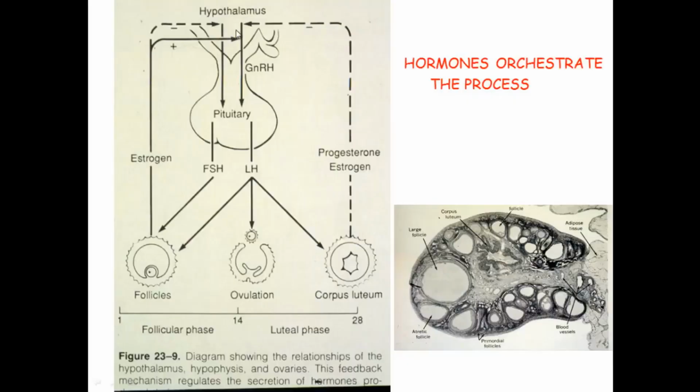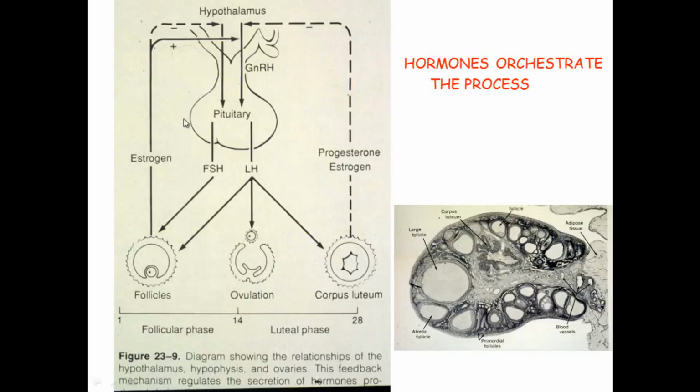So from the pituitary, you get LH, which causes a follicle to develop, and then ultimately the LH surge causes ovulation to occur at about day 14. So this is the follicular phase and the luteal phase. So the luteinizing hormone changes the granulosa cells to granulosa lutein cells, and that produces progesterone and estrogen, and that feeds back on the hypothalamus in a positive feedback loop.